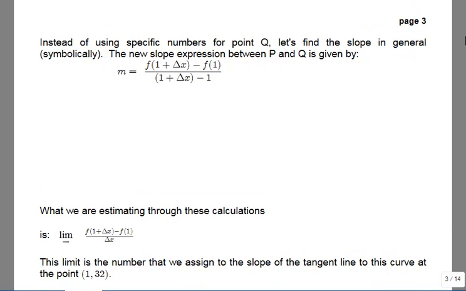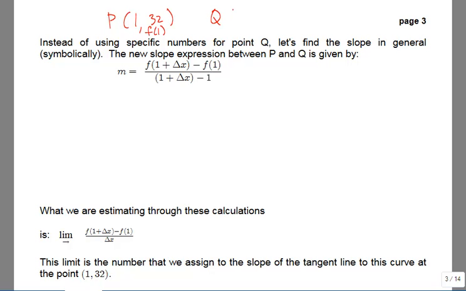So instead of using specific numbers for point Q, we're going to try to generalize our idea here. We're going to try to find the slope in general and find it symbolically. So let's show what our 2 points are again. Remember, point P was (1, 32), and that 32 is what you get when you plug 1 into your function, so 32 is really f of 1.